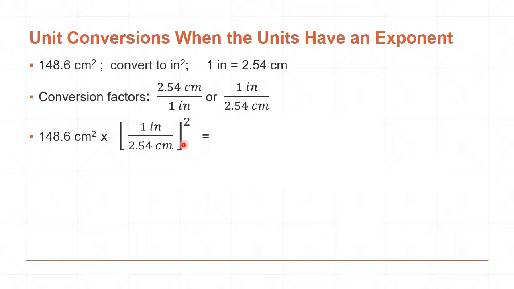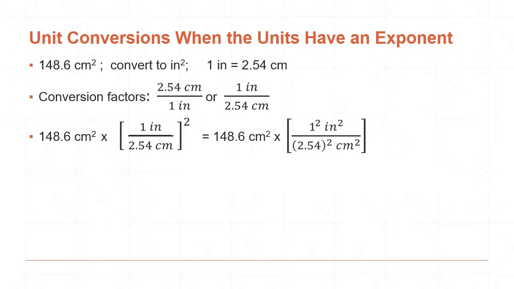I have to square all of this. So my conversion factor, because my units are squared here, my entire conversion factor will be squared as well. And when I distribute that, the square distributes to everything. It distributes to the inches, it distributes to the 1, it distributes to the centimeters, and it distributes to the 2.54. So all of that has to be squared separately.